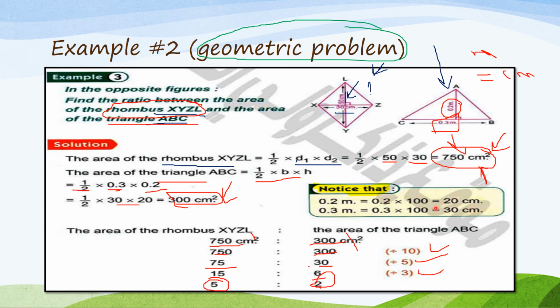Because the rhombus units are centimeters, while the triangle units are meters. I converted the meters to centimeters because meters is the bigger unit, and it's easier to convert the bigger unit to the smaller unit rather than the smaller unit to the bigger unit. So I converted the 0.2 meters and the 0.3 meters to 20 centimeters and 30 centimeters. And this is how we have the same units.